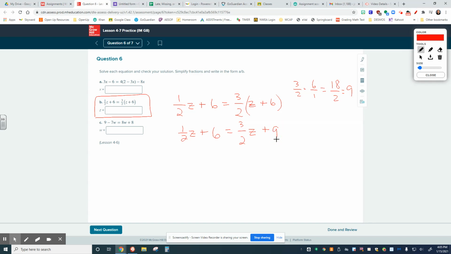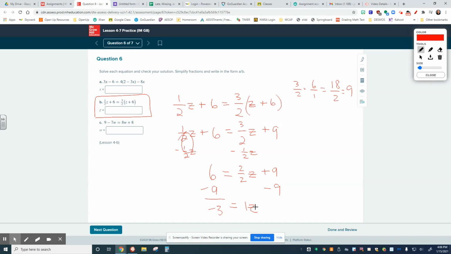What I want to do first is subtract 1/2 of z from 3/2 of z, which gives me 6 is equal to 3/2 minus 1/2 makes that 2/2, so 2/2 of z plus 9, which is also just 1z. And if I subtract the 9 from this side and subtract the 9 from this side, I get -3 is equal to 1z. So my solution is actually -3.